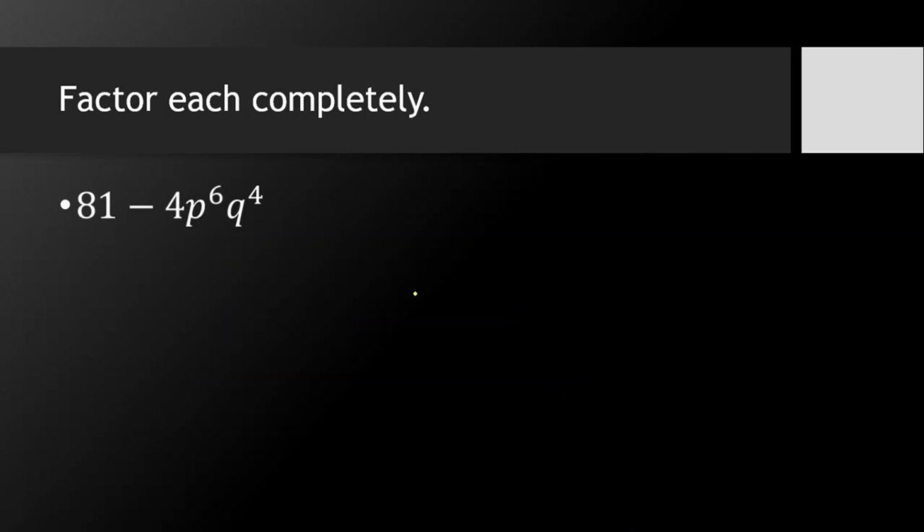Now for the third example, we have 81 minus 4 p raised to 6 q raised to 4. Let us prepare the two parentheses. Now get the square root of the first term, 81. That is 9. Then affix the sign, plus and minus. And then get the square root of 4p raised to 6 q raised to 4.